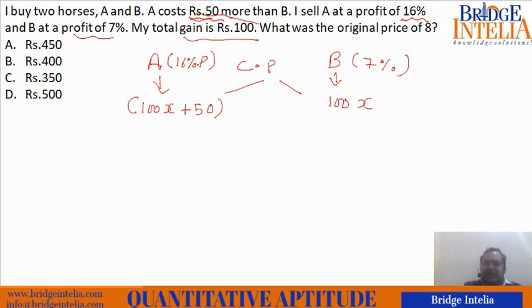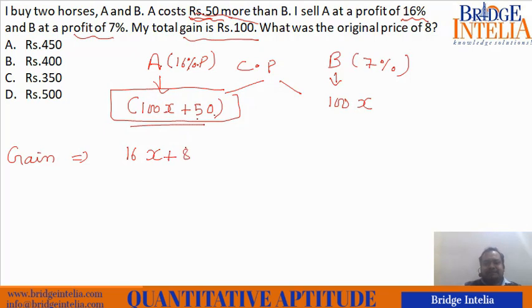So gain from A is 16% of this figure. 16% of this, 16x plus 16% of 50, that means 8. How much does he gain by selling B? 7% of 100x, that means 7x.